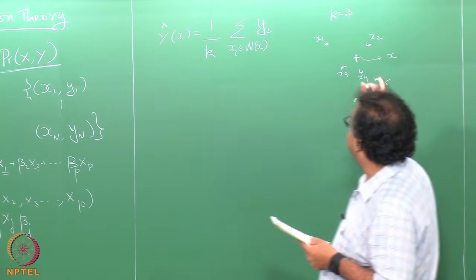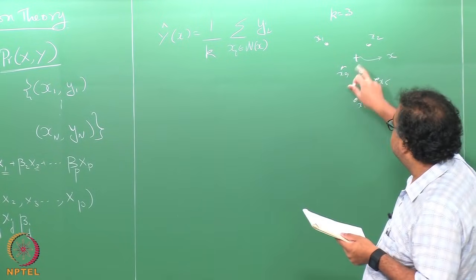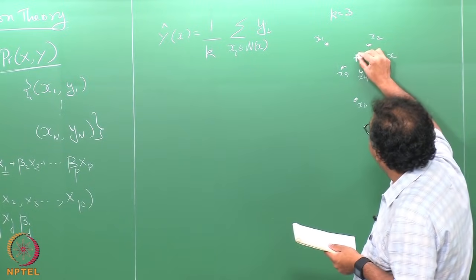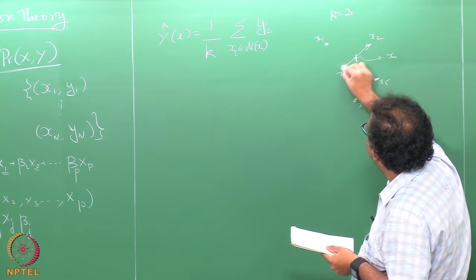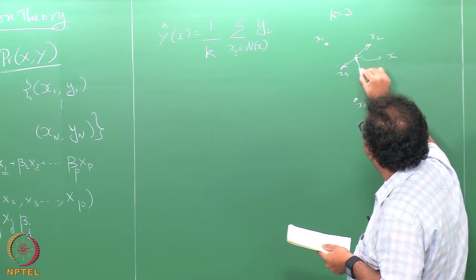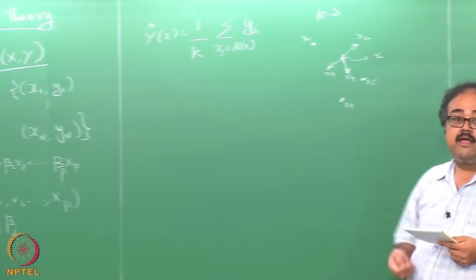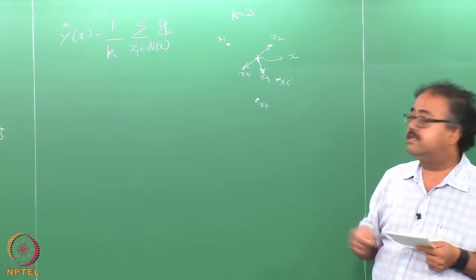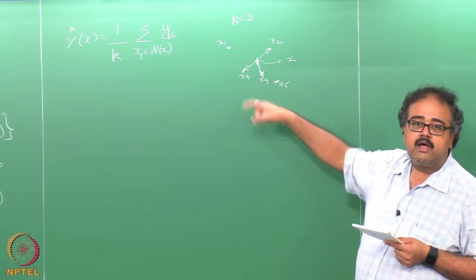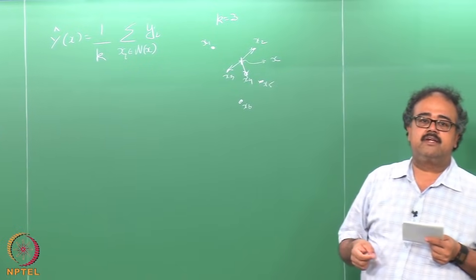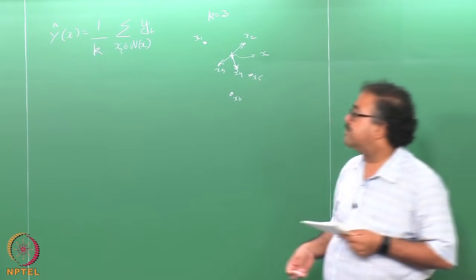So, these are the places which I have already measured, this is a new point and I want to produce the output here. In this case I pick the 3 nearest neighbors because k is 3, I pick the 3 points that are closest to this data point and find the corresponding y's. So, I will pick y2, y3 and y4 and take the average of these 3 points and report the value of the function at x as the average of these 3 points.